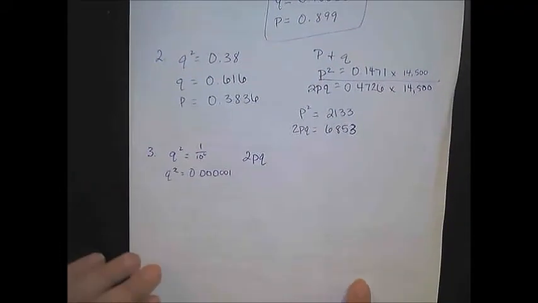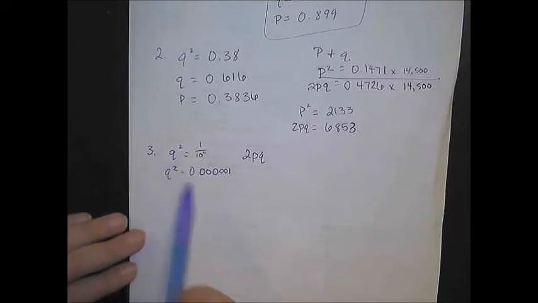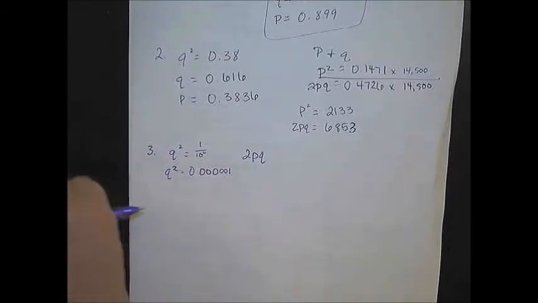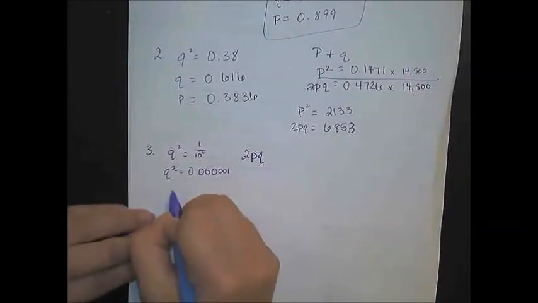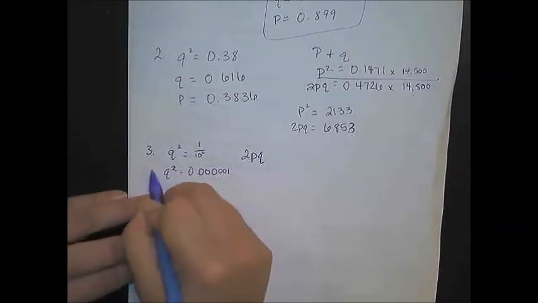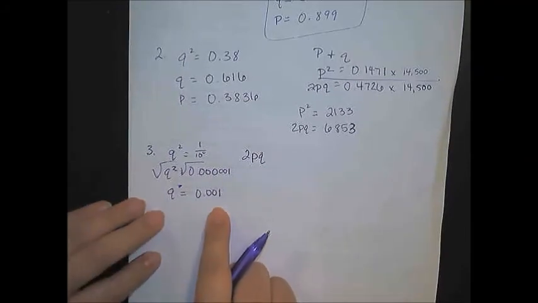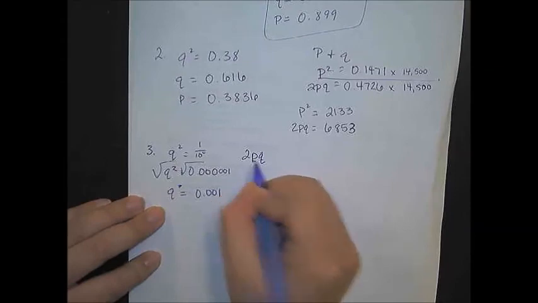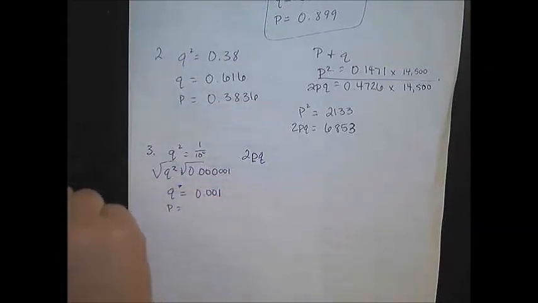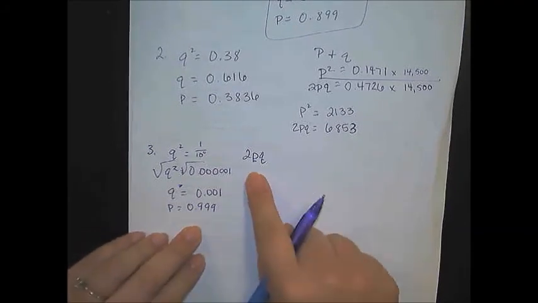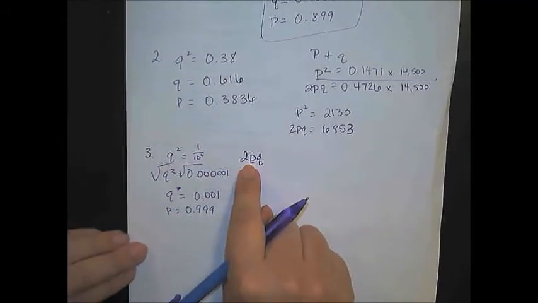So I have my q squared is 1 in a million, which I converted into a decimal, and now I'm going to take the square root, so q is equal to 0.001. And if q is equal to 0.001, I need to solve for p by subtracting from 1, which is 0.999.